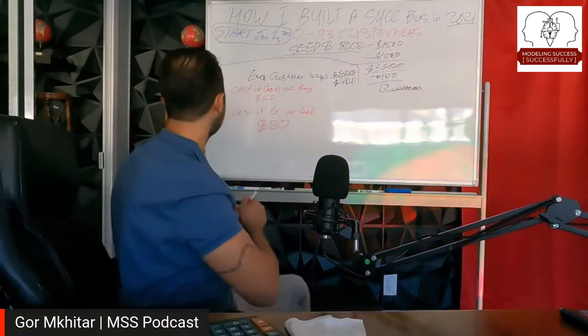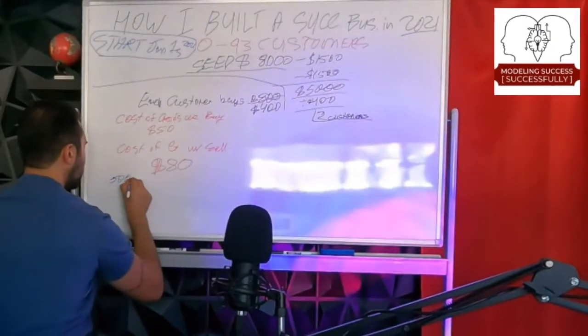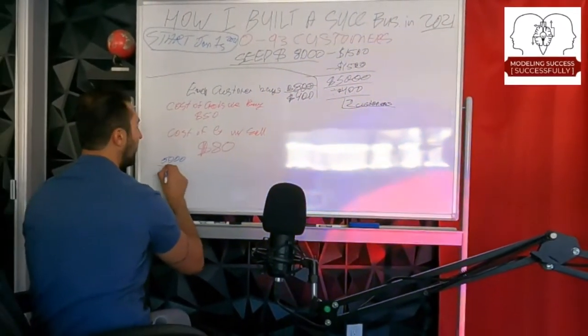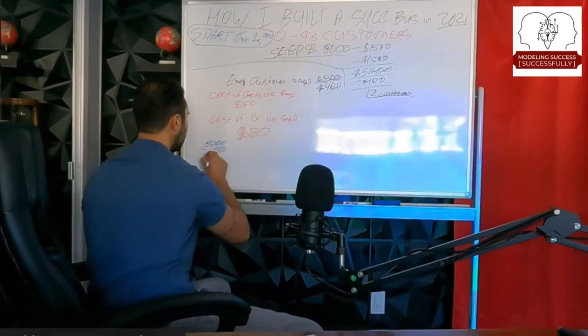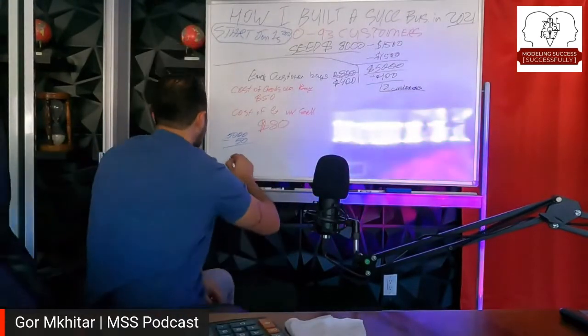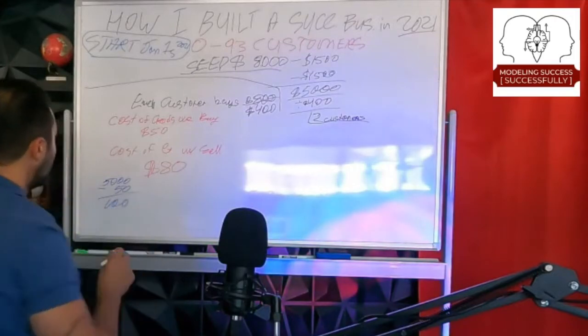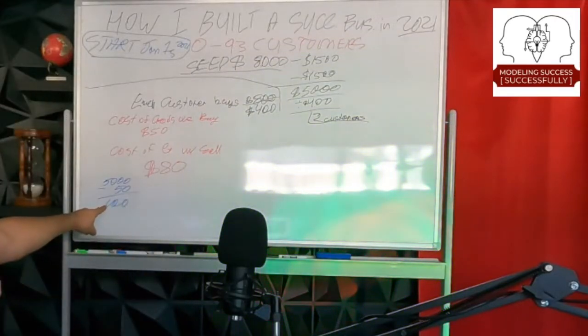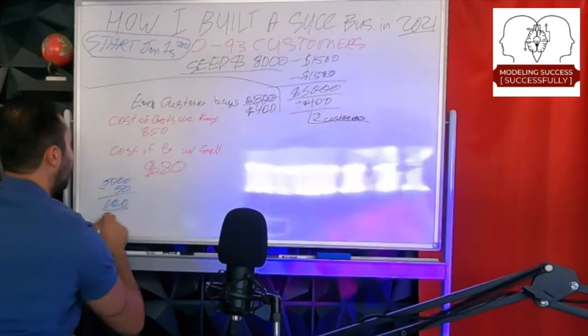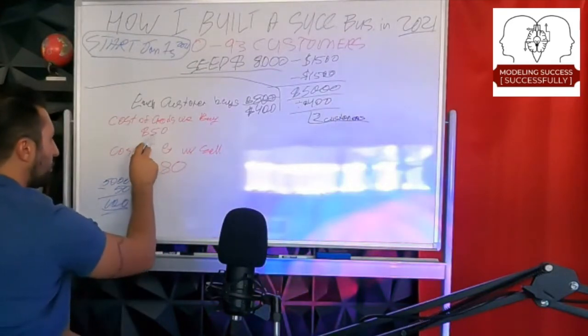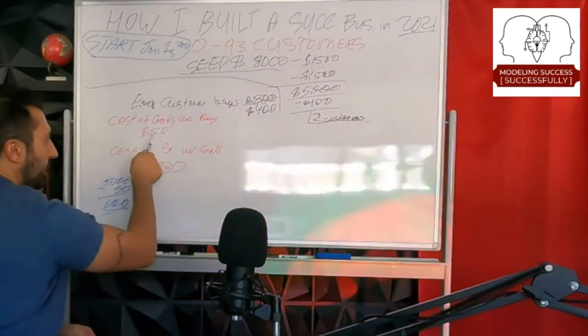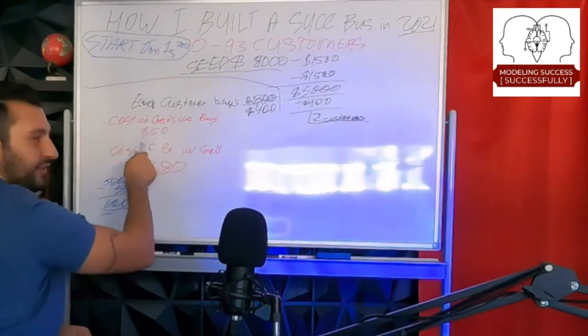So in order to do that, we're going to get that 5,000 divided by 50, and you're going to figure out 5,000 divided by 50 is 100. 100 is going to be how many items you're going to have, 100 items basically at $50 per item.